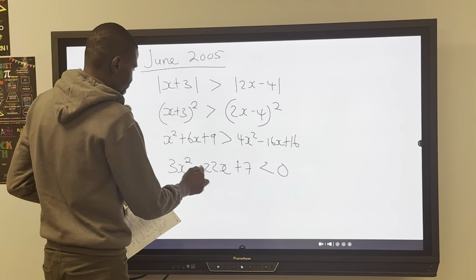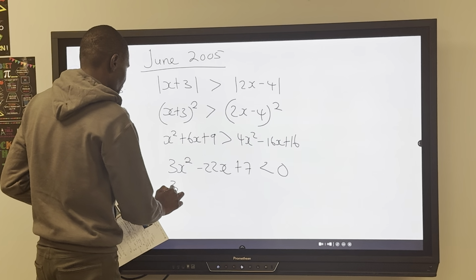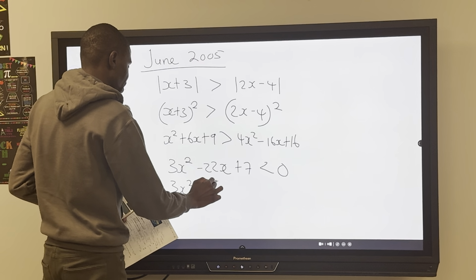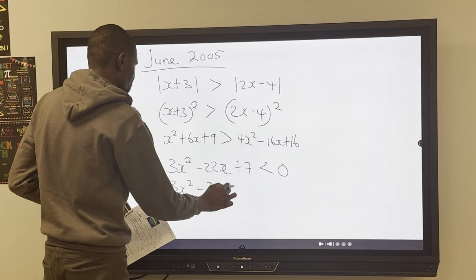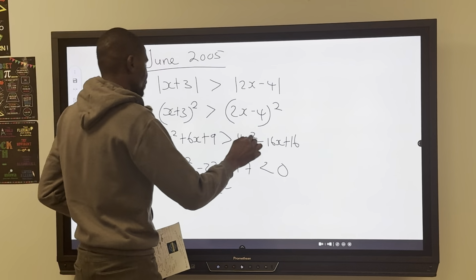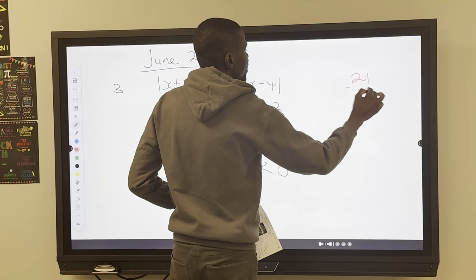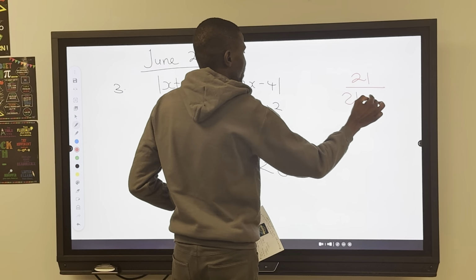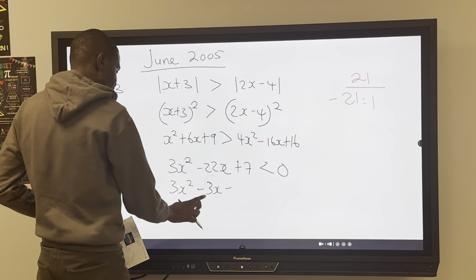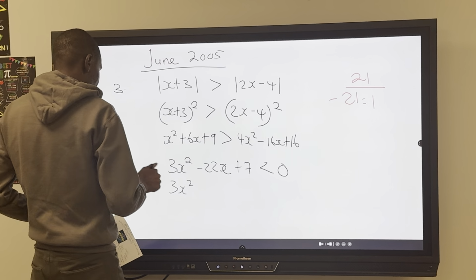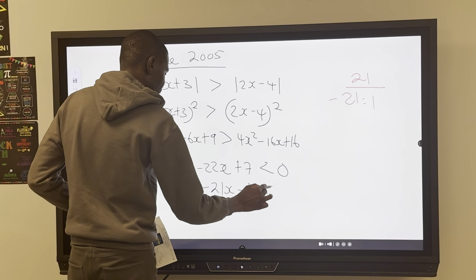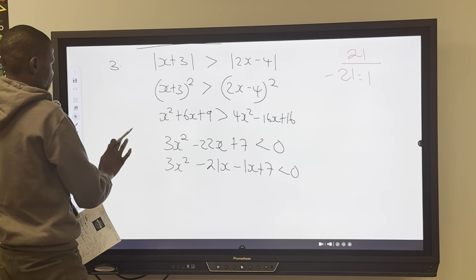Then here we can factor, that's 21, right? So factors of 21, so we have 3x squared minus 21x minus x plus 7 is less than 0, right?